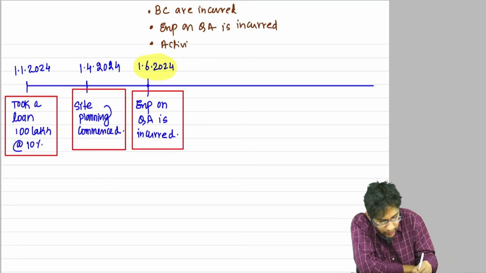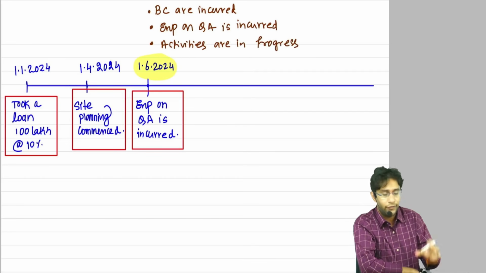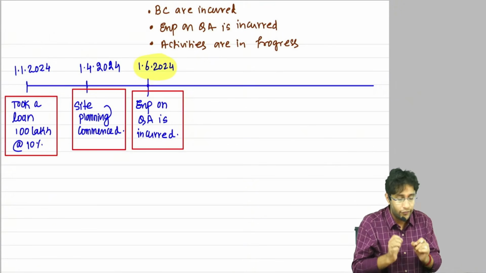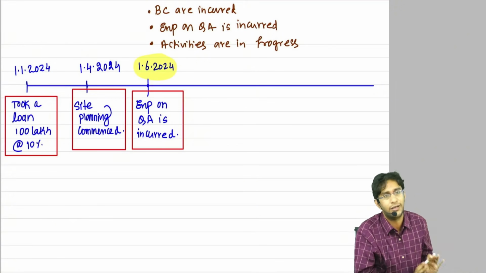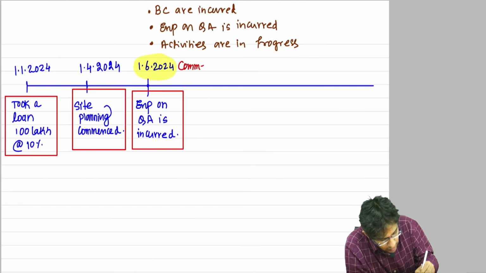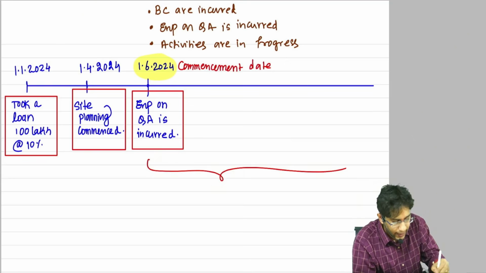The activities must be in progress. Yes or no? The work is also going on. When all the 3 points are cumulatively met on one date, from that date onwards, commencement starts, capitalization starts. So this is your commencement date. Hereafter borrowing costs only you can capitalize.